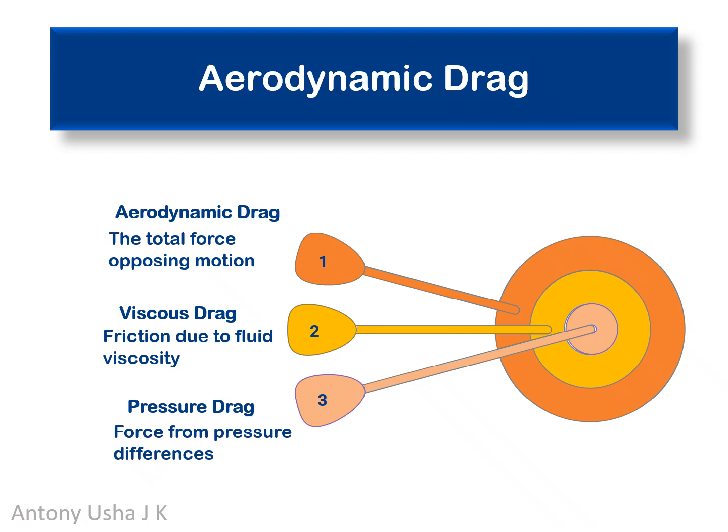It occurs due to the viscosity or thickness of the fluid and affects how smoothly the object moves through it. Pressure drag. This drag results from the difference in pressure between the front and rear of a moving object. As the object pushes through the fluid, a low pressure region forms behind it, which creates a backward pull that resists the flight moving forward.